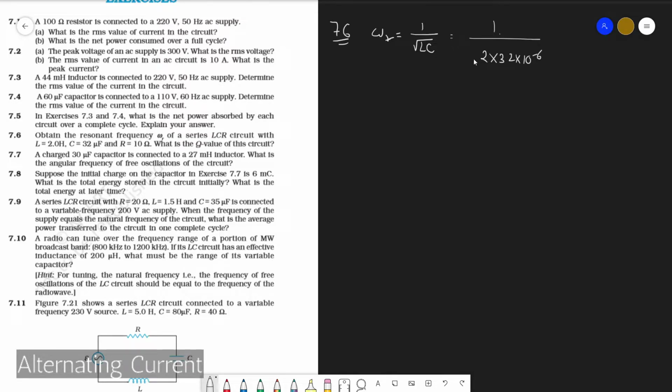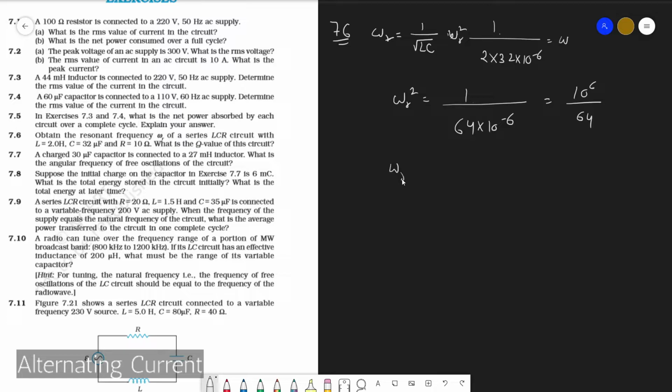This is going to be your omega r square. So omega r square is nothing but 64 into 10 to the power minus 6, which you can say is 10 to the power 6 by 64.